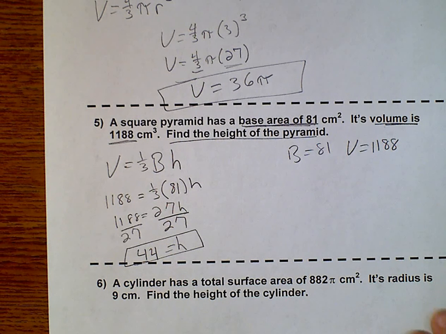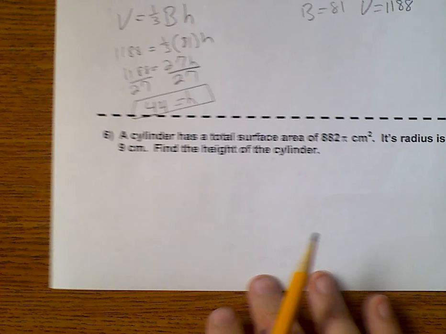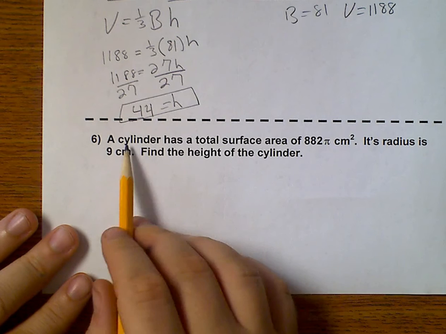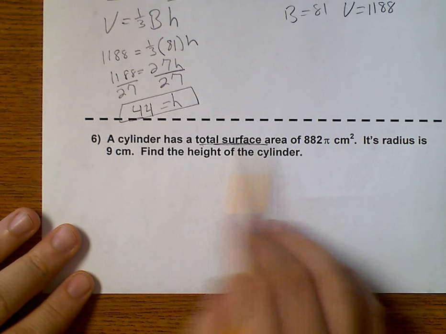Now for the last example, we could solve it in a similar fashion. However, I want to solve it using the things that we learned on page 1 of solving for a single variable. So we want the total surface area of a cylinder.